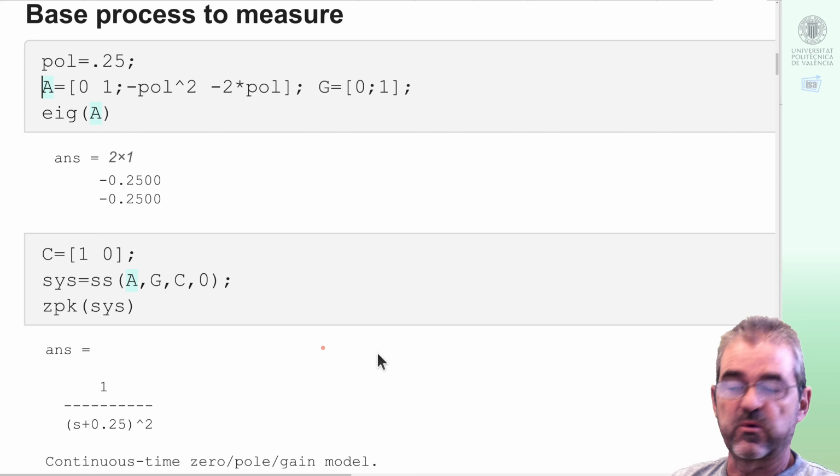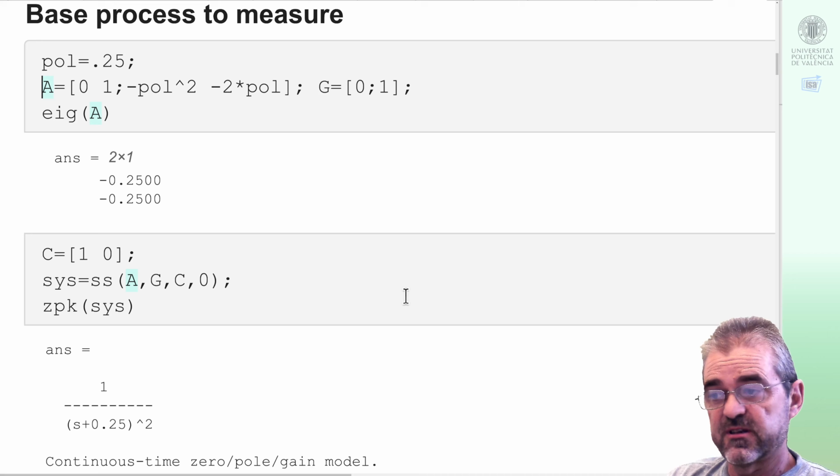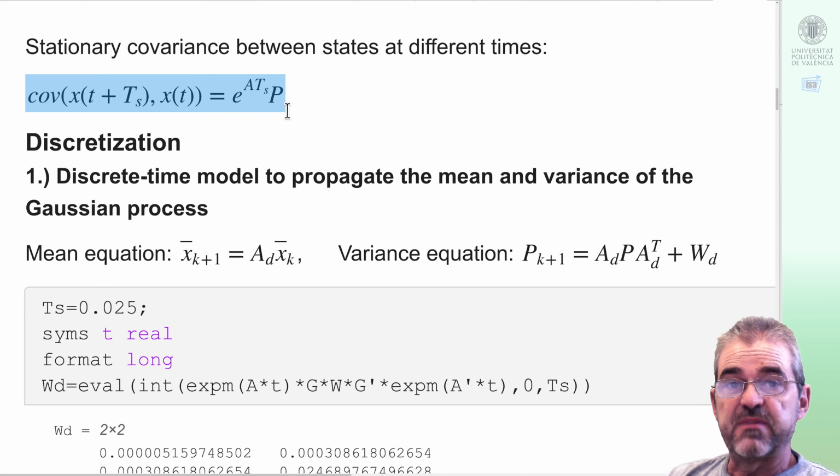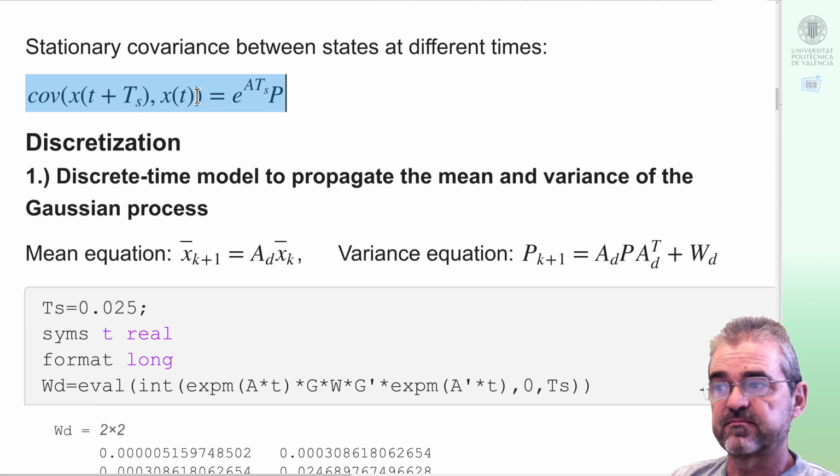And we evaluated the exactness of that finite difference estimator via some covariance formula, in the sense that if P is the steady state variance of the position and velocity, then this exponential times P is the covariance between the states separated by Ts.